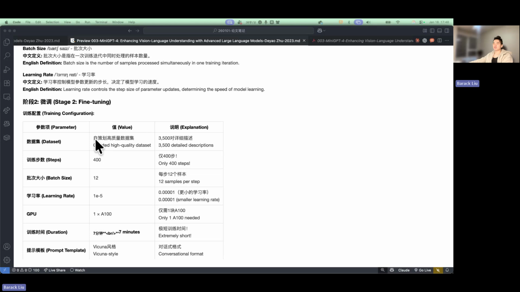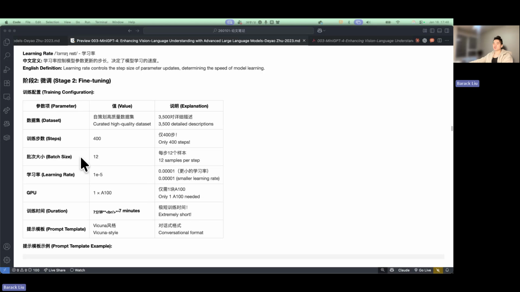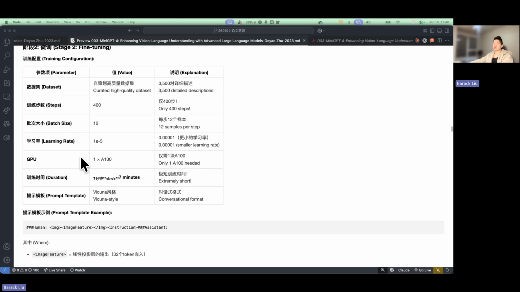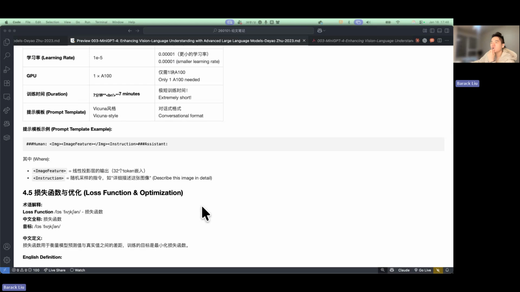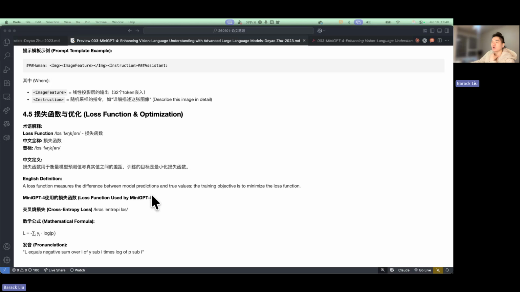Stage 2, fine-tuning, dataset, steps, batch size, learning rate, GPU, duration, prompt template. Loss function and optimization. A loss function measures the difference between model predictions and true values. The training objective is to minimize the loss function.